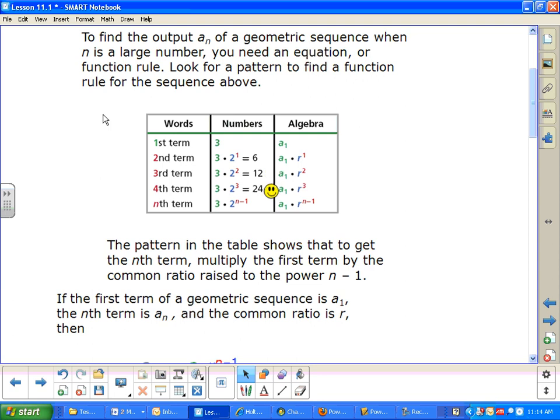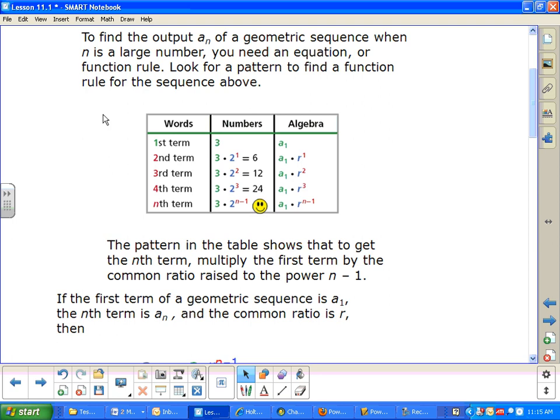Well, if you compare the term number with the exponent, what happens? Look at the term number here in words and compare it to the exponent for the 2. So the exponent is 1 less than the term number, right? So to get the nth term, if we wanted to know what the 8th term is, then we could do 3 times 2 raised to the power of 8 minus 1, or 7.